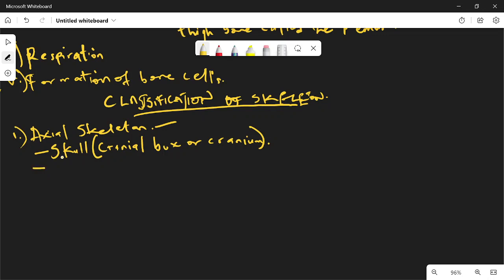Also, we have the vertebral column, which in some textbooks you see as the backbone. We also have the ribs and the sternum.